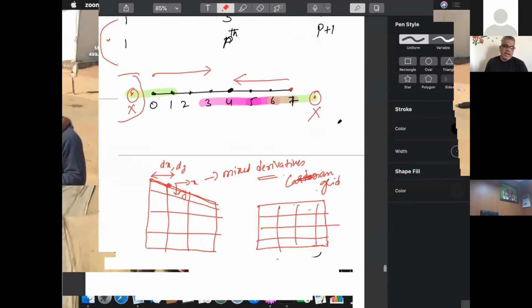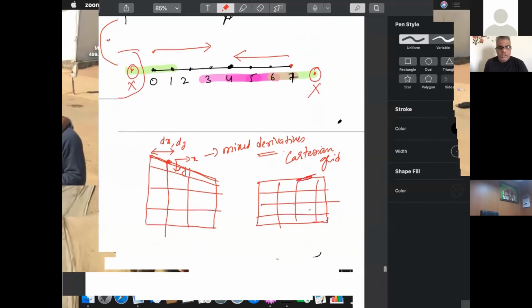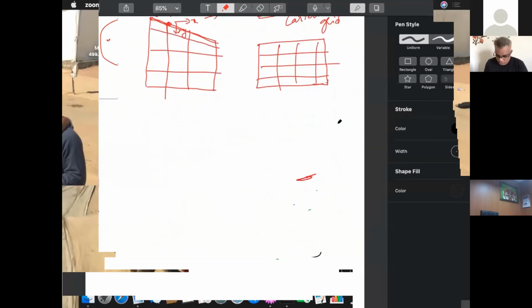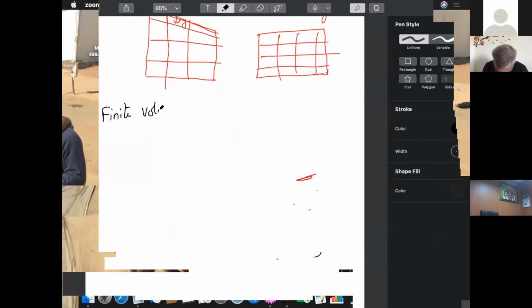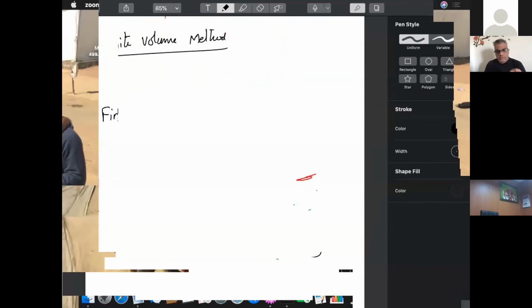So this is the basic idea of the finite difference method. I'll just move on to the finite volume method and explain the basic idea of what this is. In the finite difference method, we use partial differential equations as they are, in the differential form.